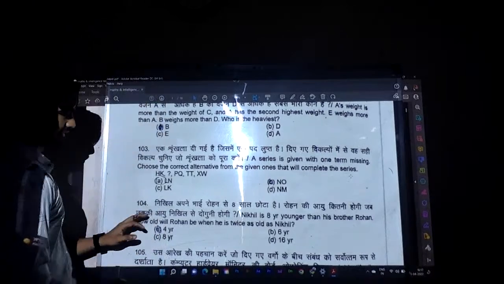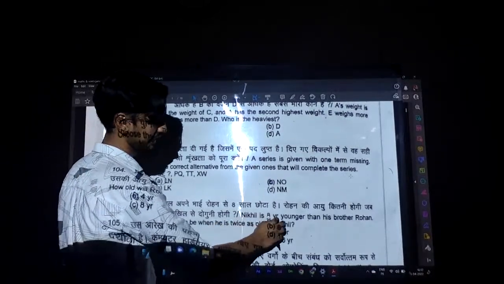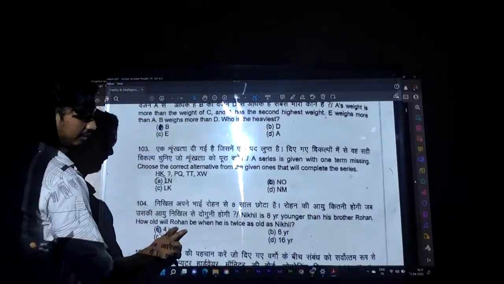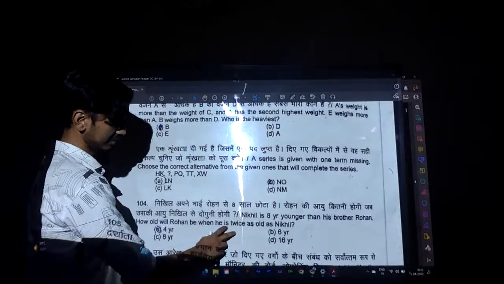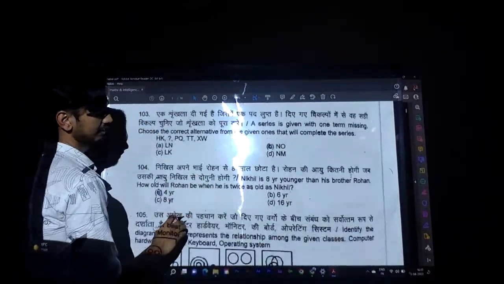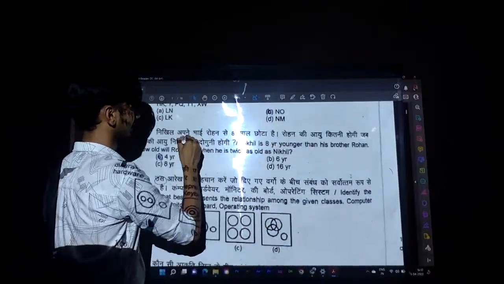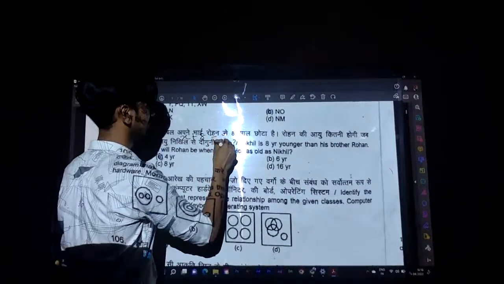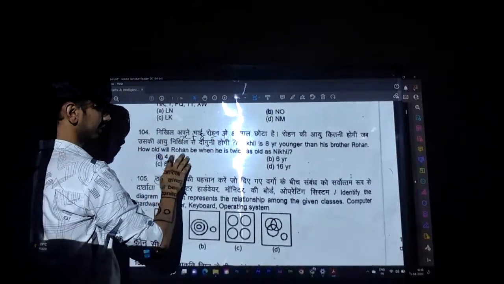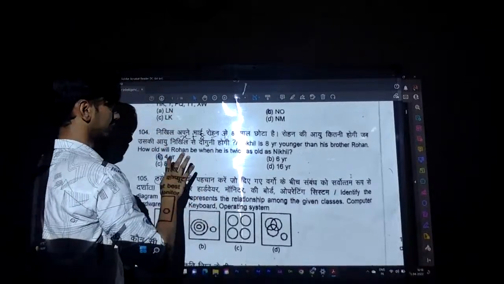Okay, we come to the fourth question. In this question, we are given that Nikhil is 8 years younger than his brother Rohan. How old will Rohan be when he is twice as old as Nikhil? So at the start, Nikhil is 8 years younger than his brother, that means x plus 8 is equal to y.